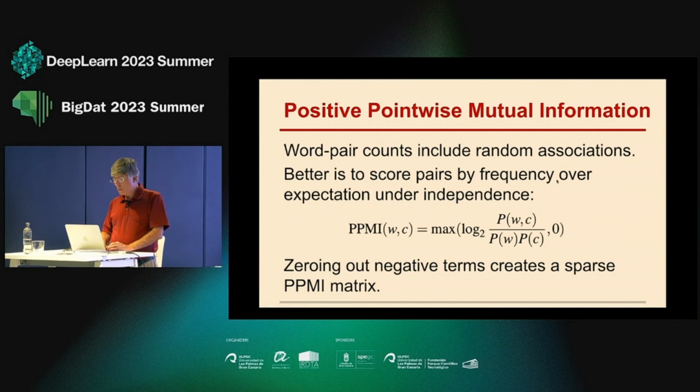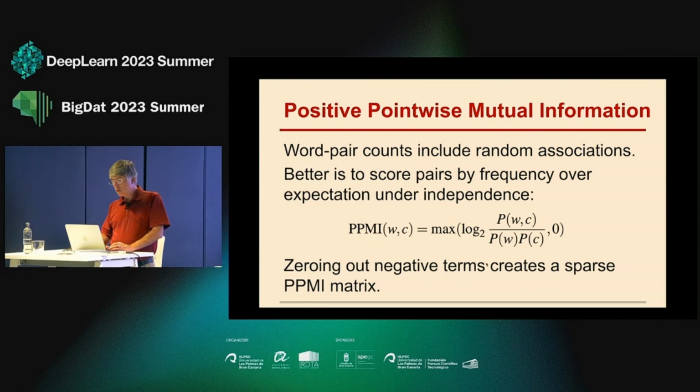So rather than working on the word count matrix, if you want to build a good representation of what words mean, you'd like the counts to be serious counts that measure how strong the connections between words are. So one measure that's important is this thing called positive pointwise mutual information, PPMI. And what is the idea here?